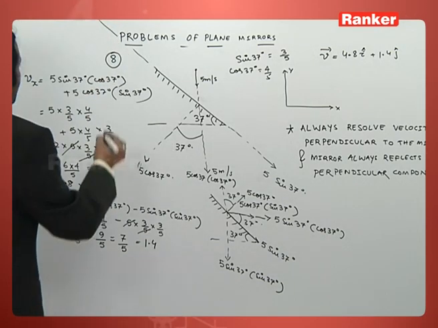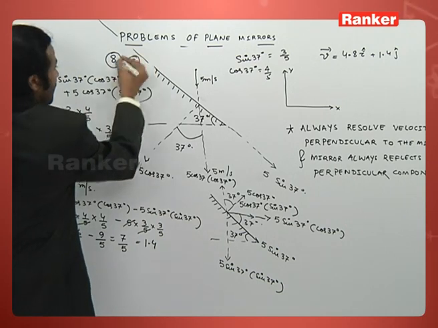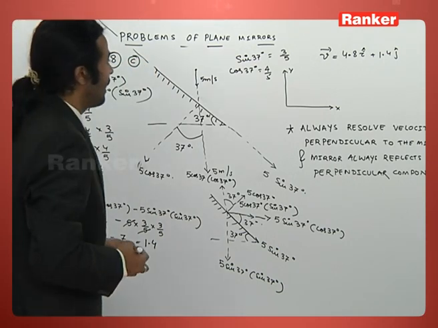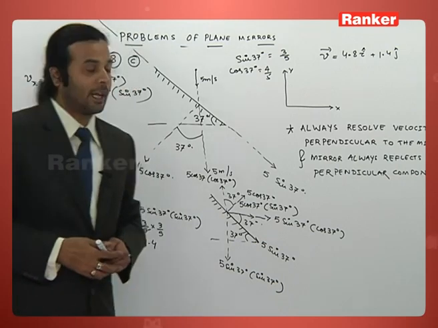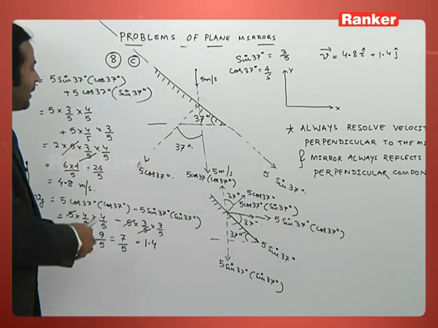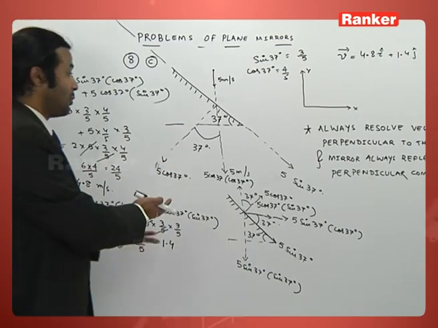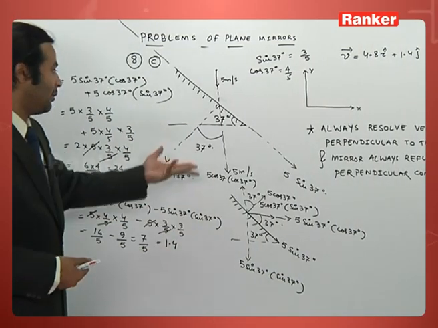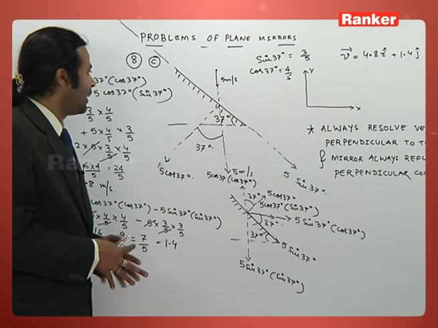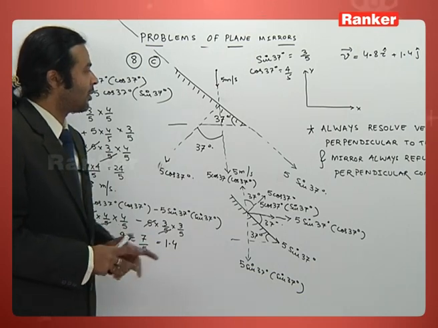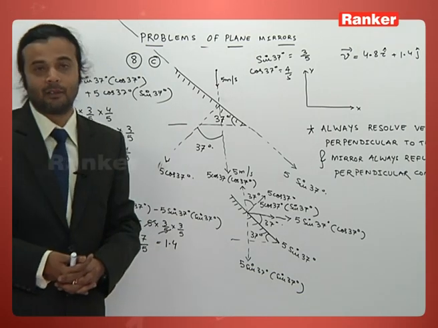The correct option will be option C, which is 4.8 i cap plus 1.4 j cap. So here it is nothing but basic mathematical work. This can be a question in vectors also. Here we just try to resolve the velocities in the corresponding directions given.